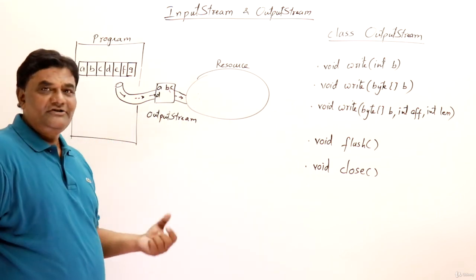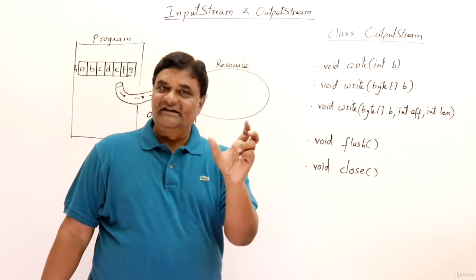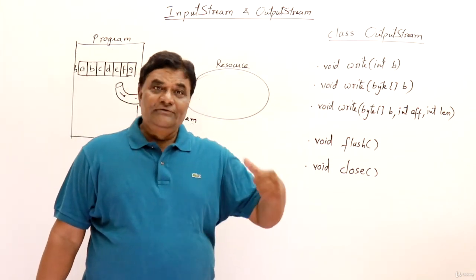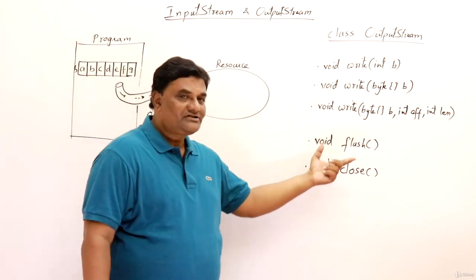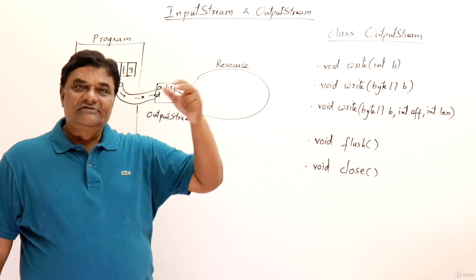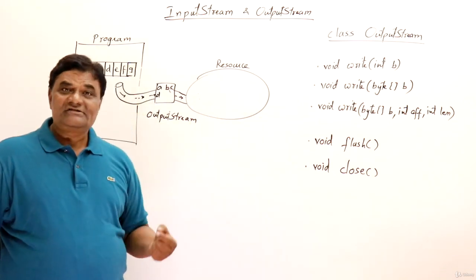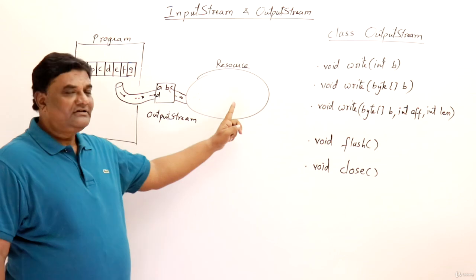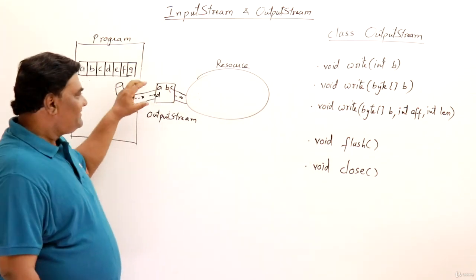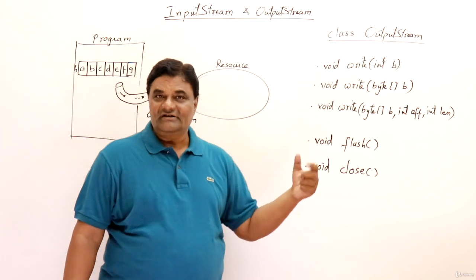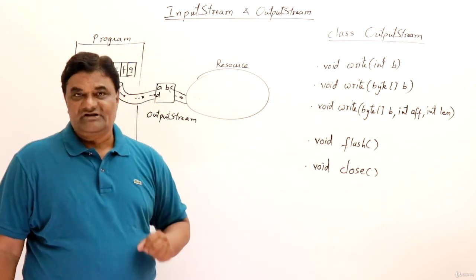If you use a buffer, usually the data that is written is kept inside the buffer. And if you want to push it onto the resource, then you have to call flush. Flush means it will flush the data from the buffer to the output stream. It will force the data to flow out from the buffer and reach the resource. So this is for forcing the data, flushing the data. It is useful if a buffer is used in the output stream.